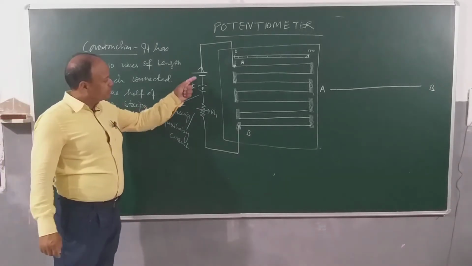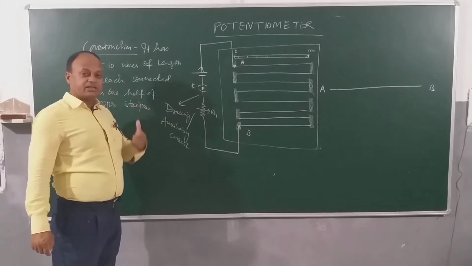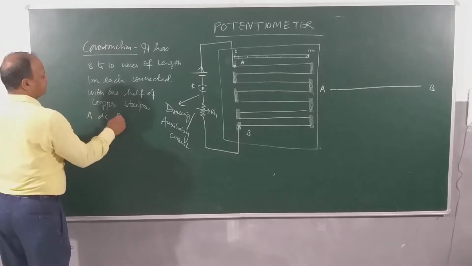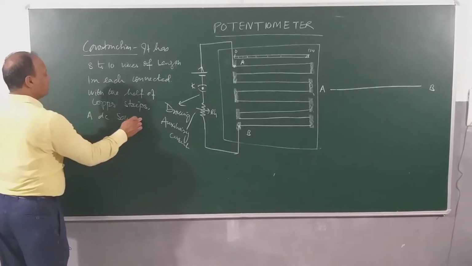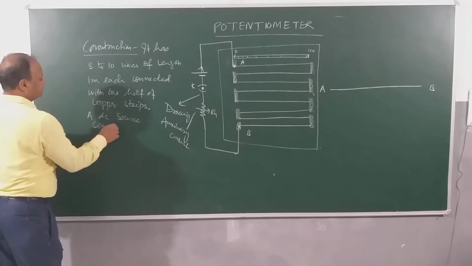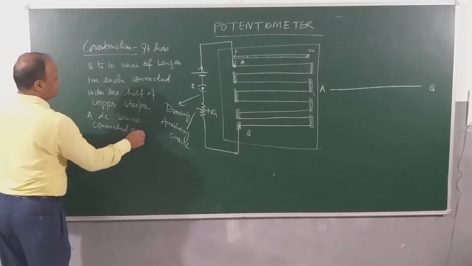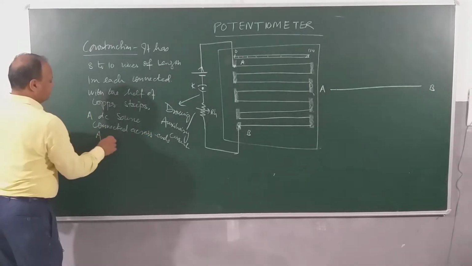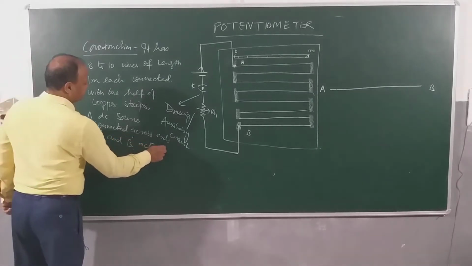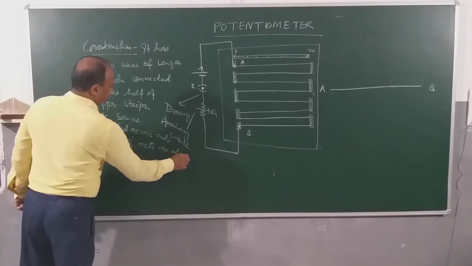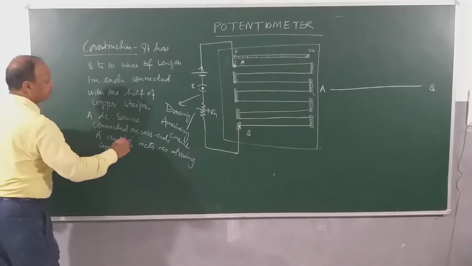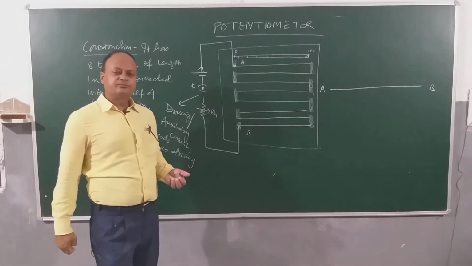Right, a DC source is connected across the first and the last stripe, across ends A and B, and acts as the driving circuit. So our circuit is ready, right?